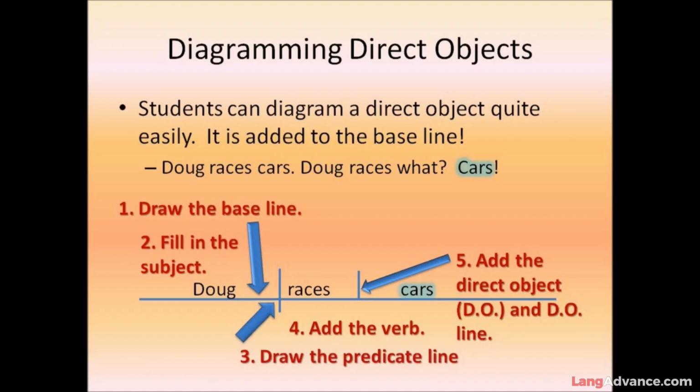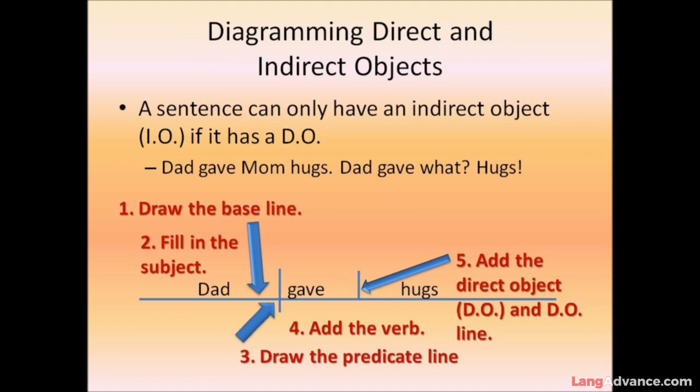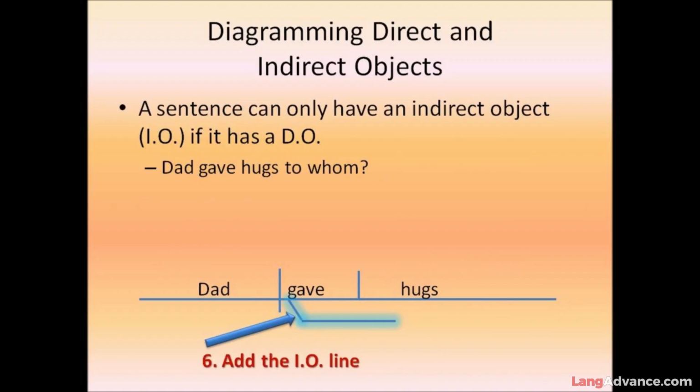To diagram an indirect object, remember you're only going to have an indirect object if your sentence has a direct object. You still draw your baseline first, fill in your subject, your predicate line, your verb, your direct object, and then you ask your question to whom to get your answer for the indirect object.